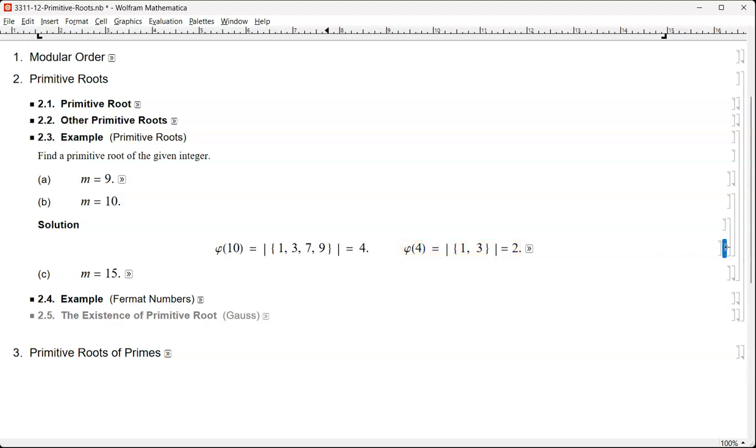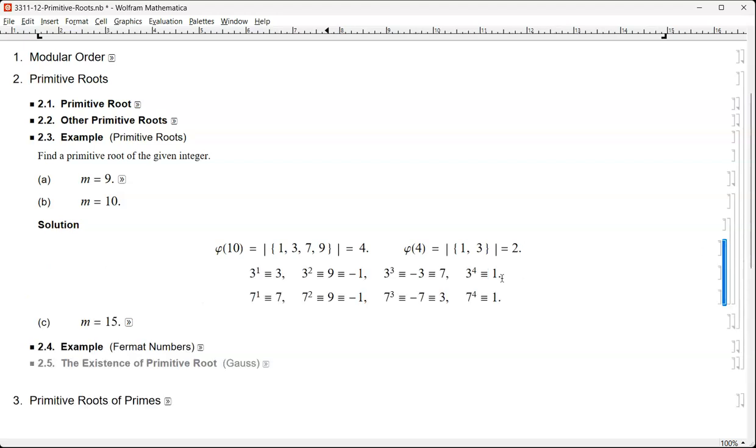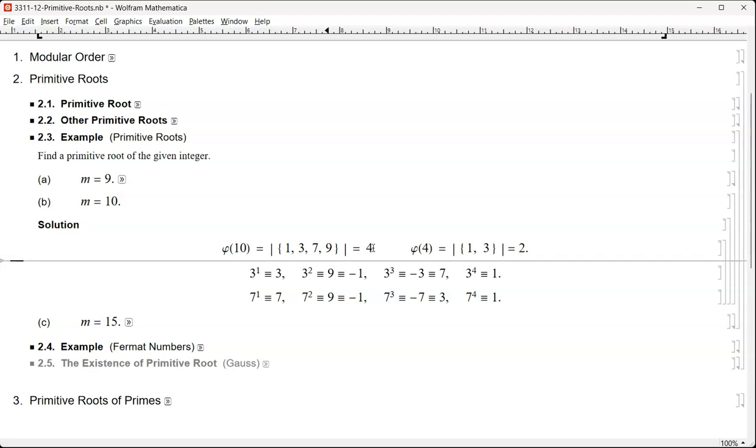Starting from 1, that never works. Starting from 2, it'll fail. Oh, no, excuse me. 2 is already not relatively prime with 10, so 2 is out of the question. We start from 3, and we got lucky again. 3 hit. 3 squared, and third power, fourth power, back there.